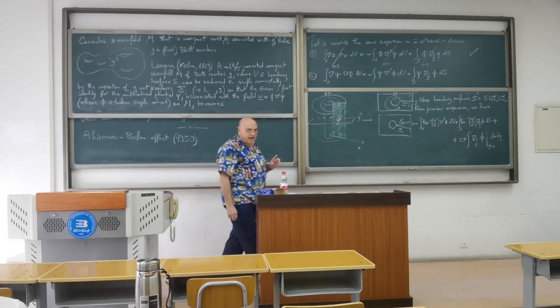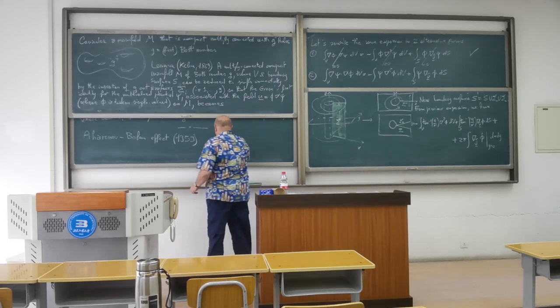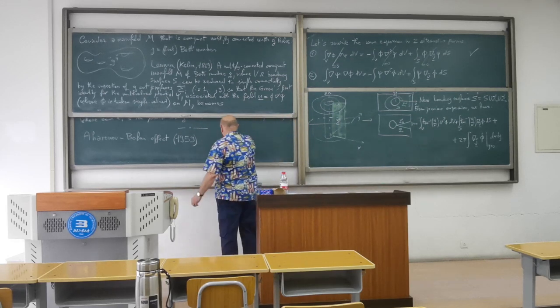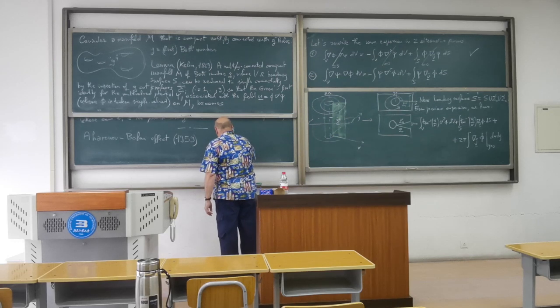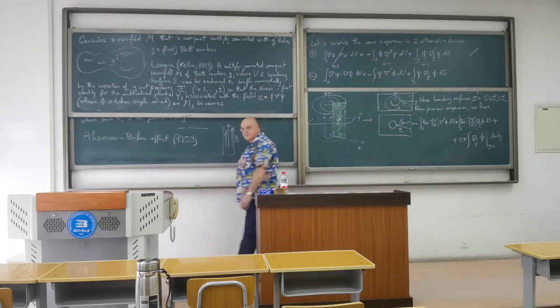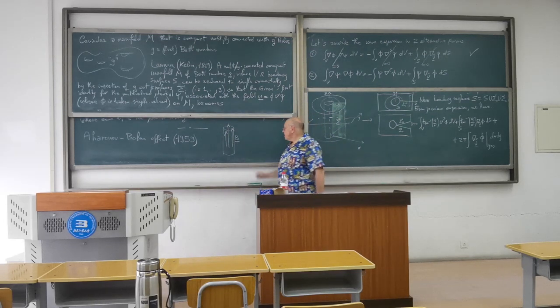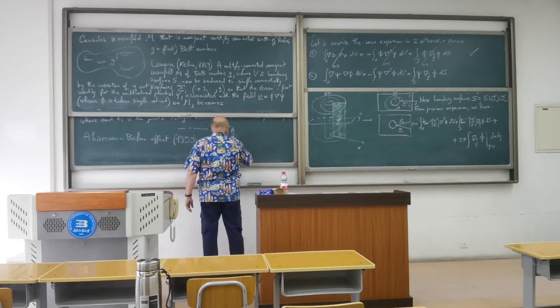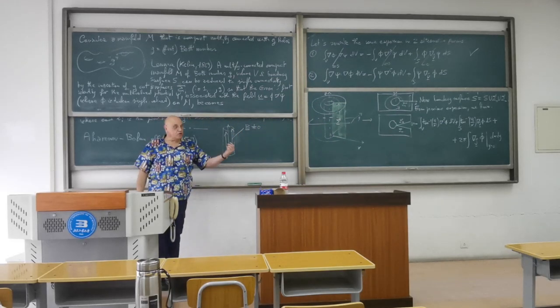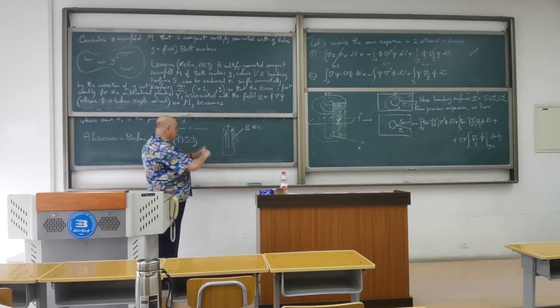Now, imagine that instead of your vortex tube, instead of vorticity lines, you have a magnetic field, B. B is different from zero only inside the tube, as vorticity, and zero outside.